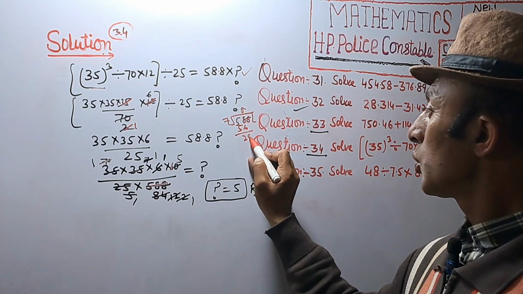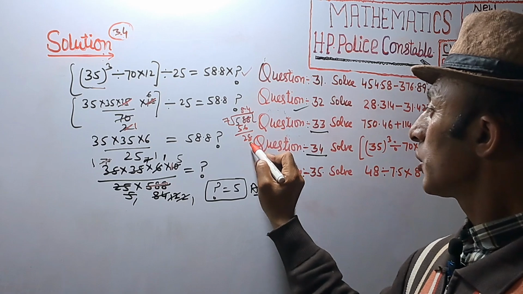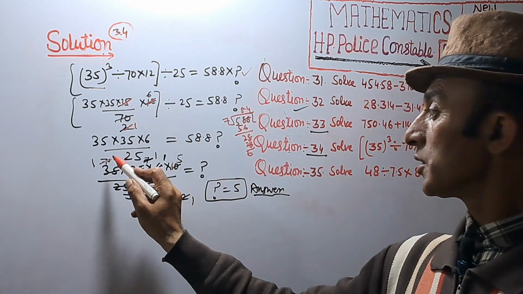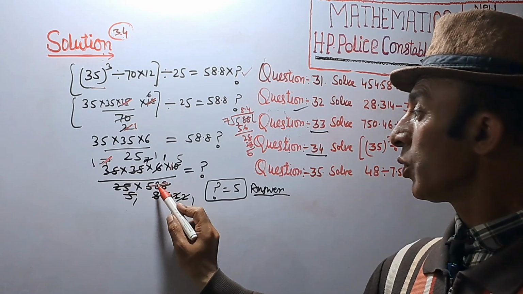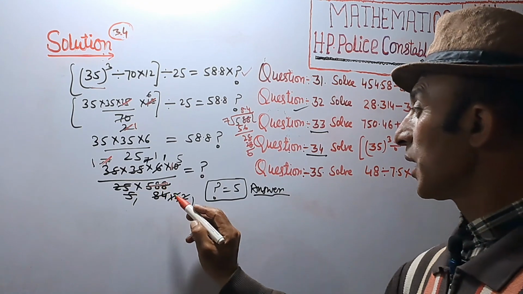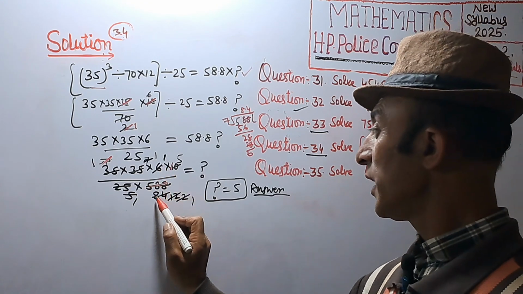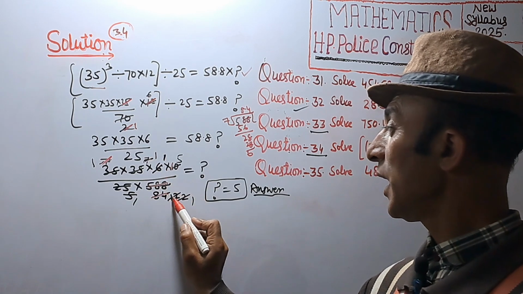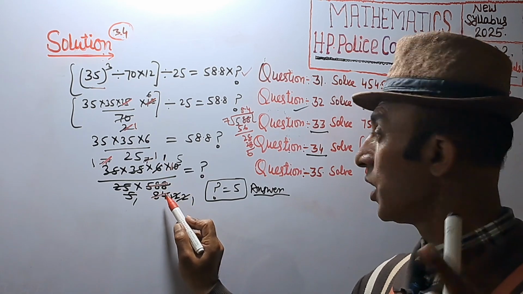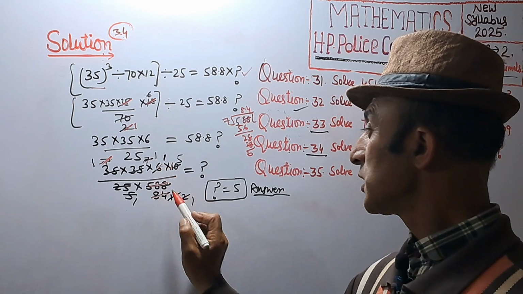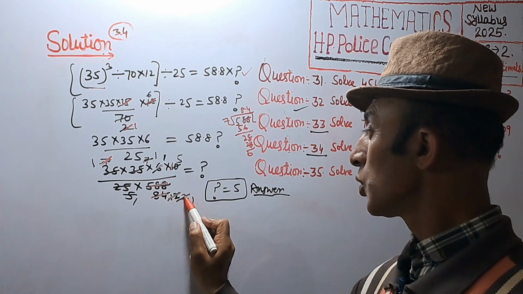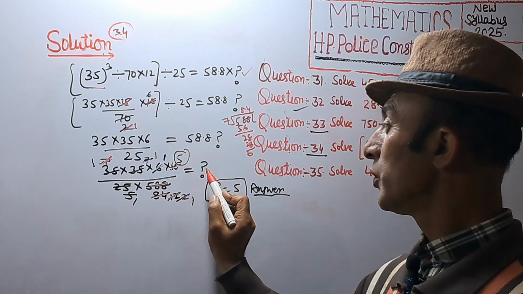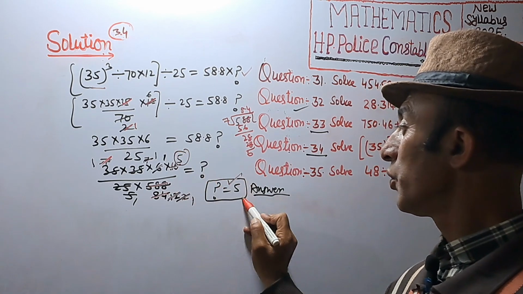So 2 28, 7 4s are 28, which is completely divisible, 84. 7 1s are 7, and 84 7s are 588. Once again, we are dividing 84 by 7. 7 1s are 7, and 12 4s are 84. And 6 ones are 6, 6 twos are 12. So 2 ones are 2, and 10 divided by 2, that is 5. So we get ? equal to 5.